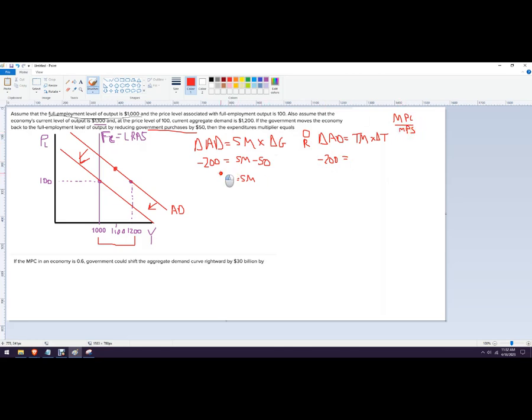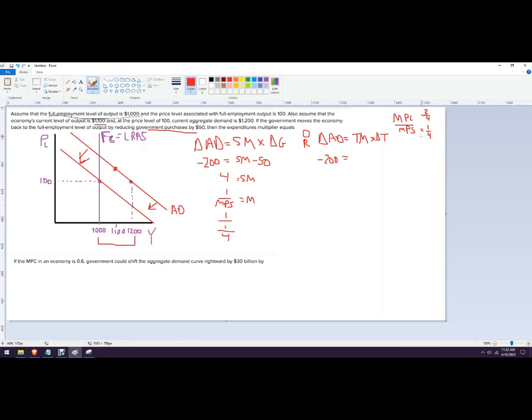Because the spending multiplier is 4, I know that this is 1 over 1/4. The spending multiplier is 1 over the MPS. So that means this has to be 1 over 1/4. And so the MPS is 1/4 and the MPC is 3/4. Or you could say 0.75 and 0.25.